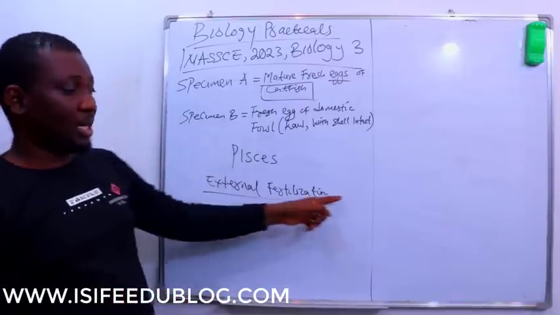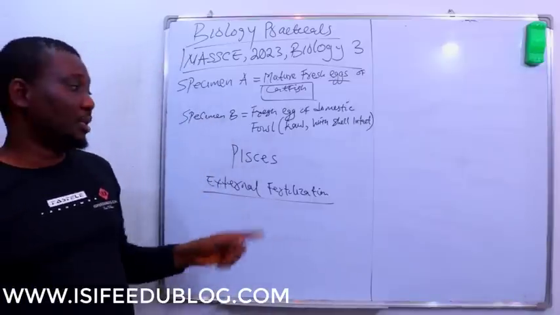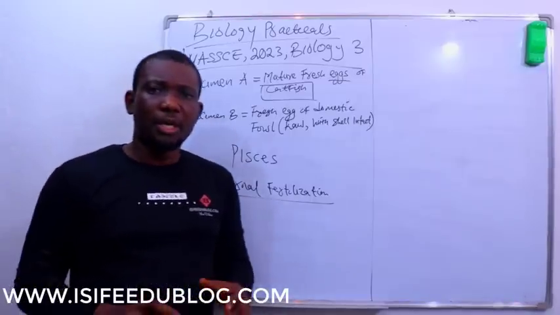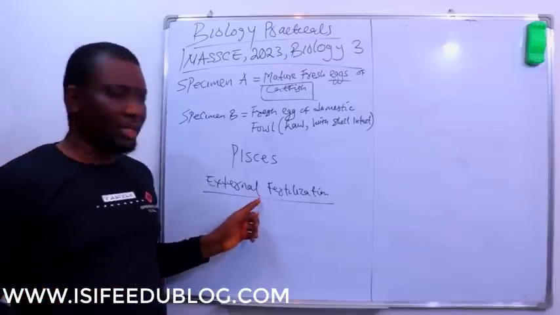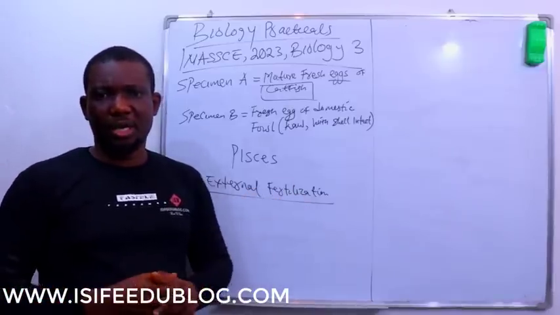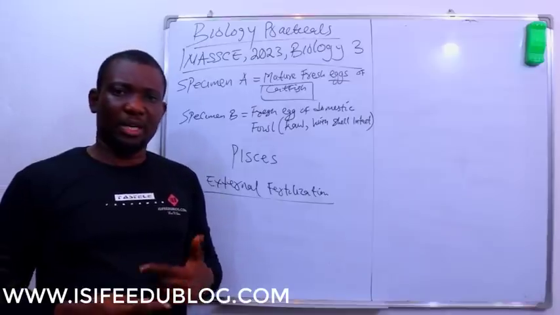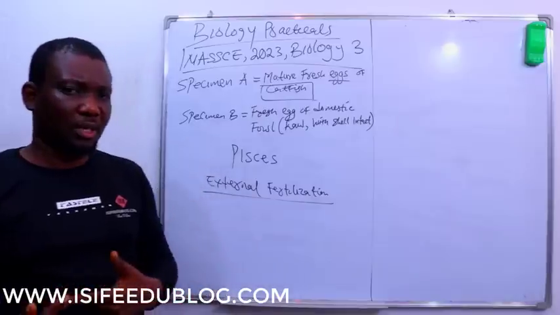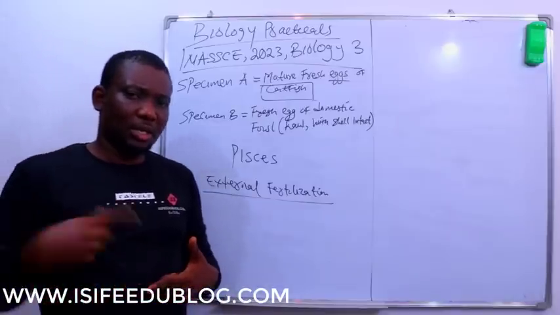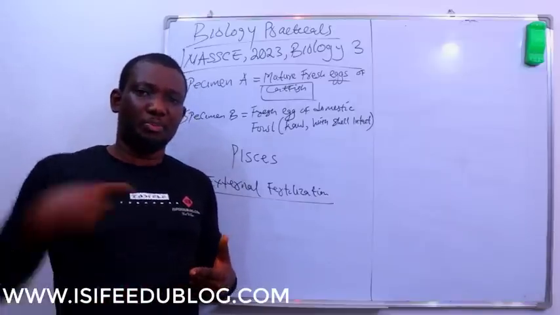You're going to earn 1 mark for giving this answer clearly like this. Now, there are so many disadvantages to this external fertilization. They may also ask you another question: can you give an example of other organisms that still undergo this type of fertilization apart from the aforementioned specimen?